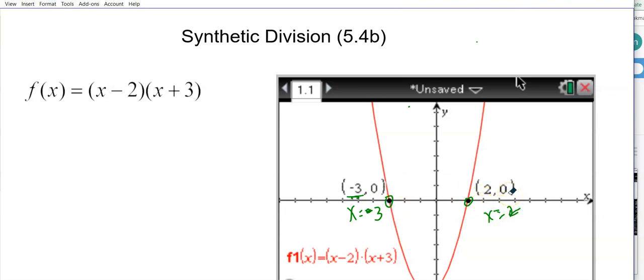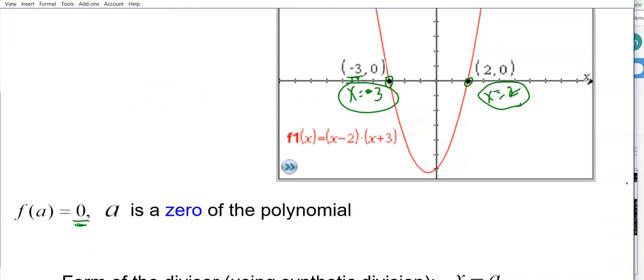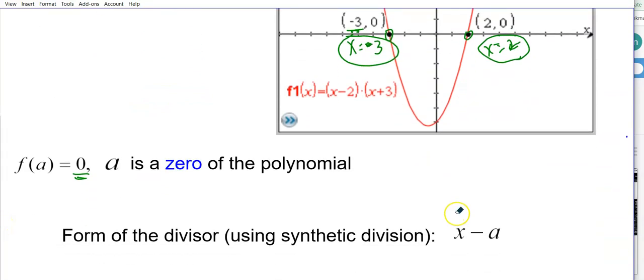So those are the solutions. The solution is x equals 2, the factor is x minus 2. The solution is x equals -3, the factor is x plus 3. So the factor is always x minus whatever the solution is, or in this case, whatever the potential solution is going to be. You'll see what I mean in a minute.